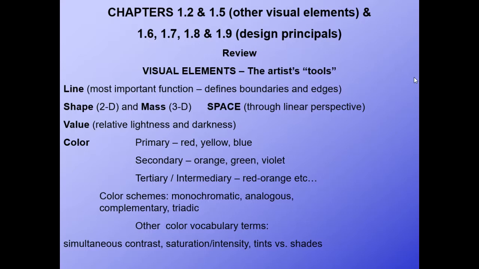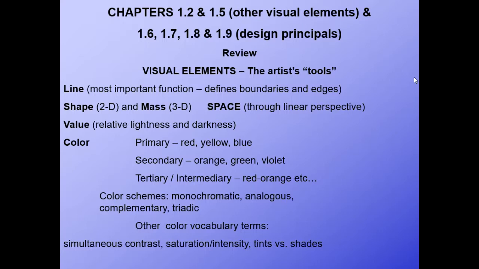We talked about a complementary color scheme being colors that are directly opposite, such as red, green, yellow, violet, and blue, orange. And a triadic color scheme would be the use of colors that are equally spaced on the color wheel, a triad like the primaries or the secondaries.